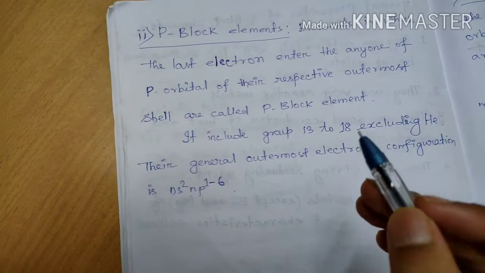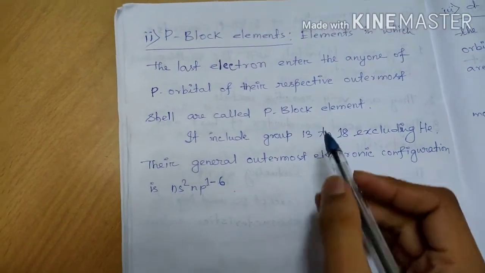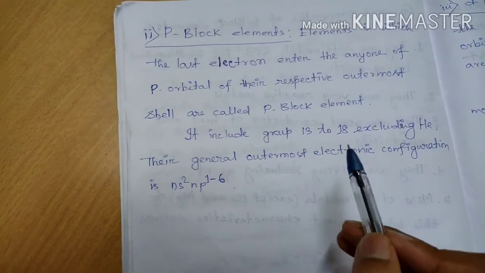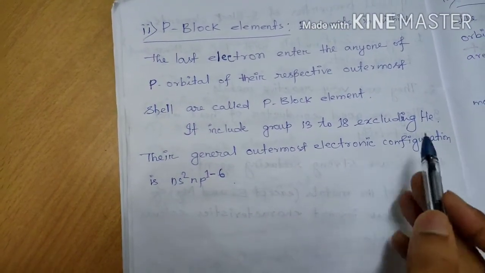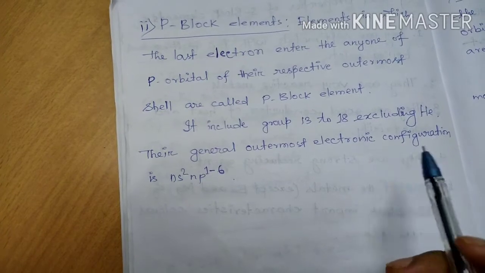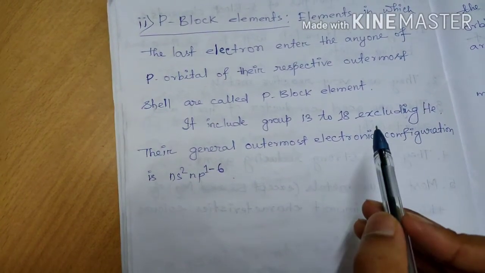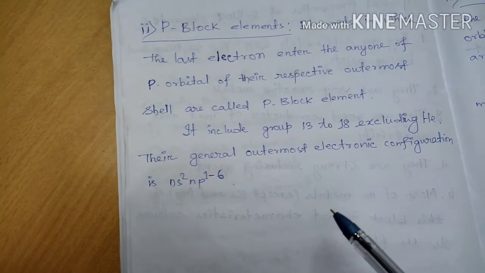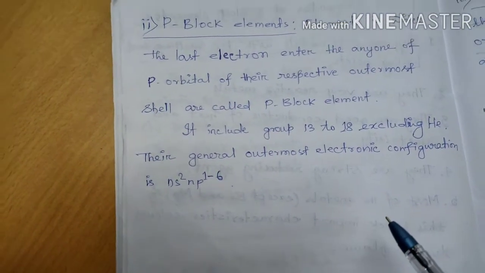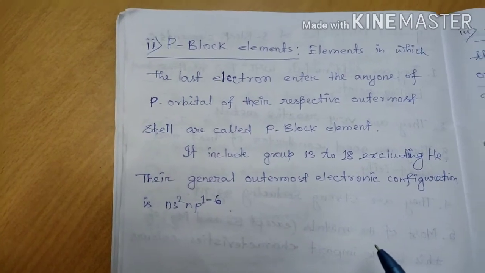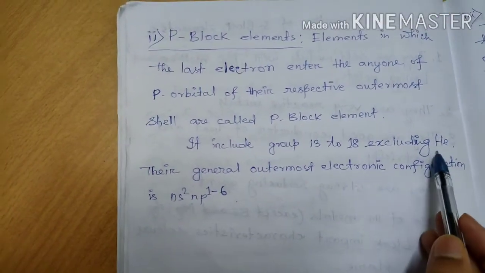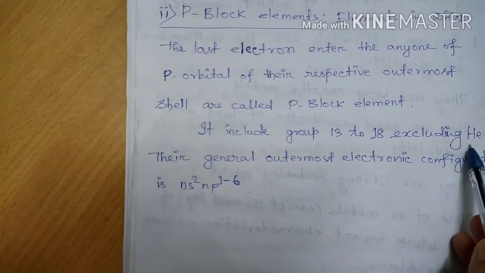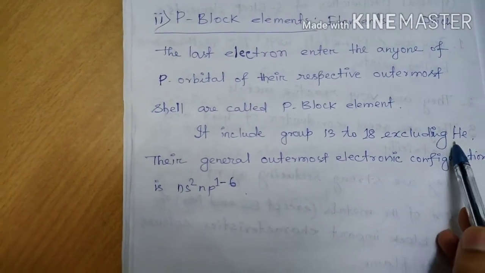Okay, so now you see, it includes group 13 to 18 excluding helium. Why is it written excluding helium? Because we have studied in the previous video that helium is an S block element, because the valence electron of helium enters the s orbital.